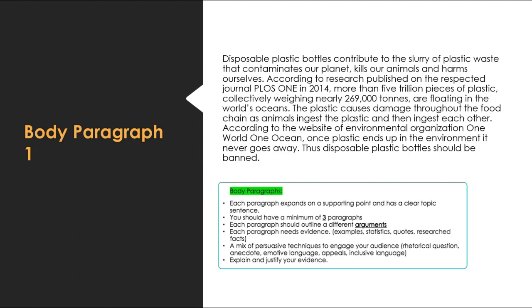The reason that this is such an effective paragraph is because it has the facts from PLOS One and One World, One Ocean, but it also uses those techniques, like the repetition of our planet, our animals, and ourselves. It also comes back to the contention at the end. We need to ban plastic bottles. You should use this structure when organising your piece of writing.